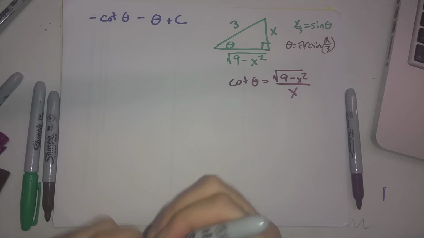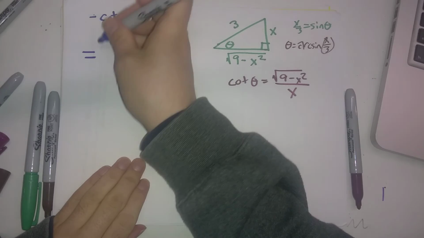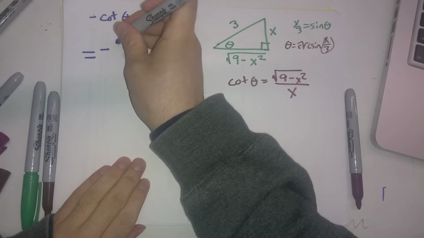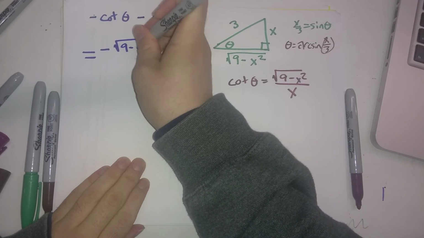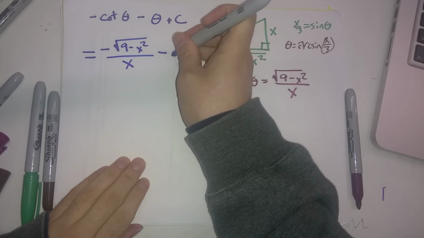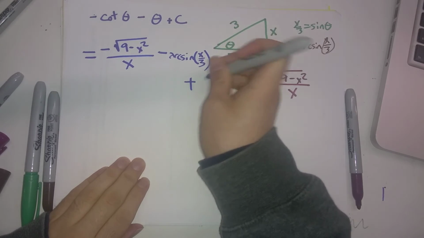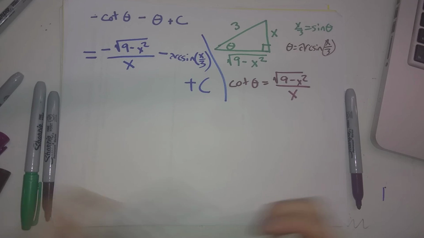Okay, so putting everything together, our final answer is negative square root of 9 minus x squared divided by x, minus arcsine of x over 3, plus a constant.